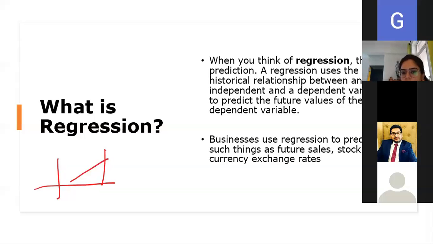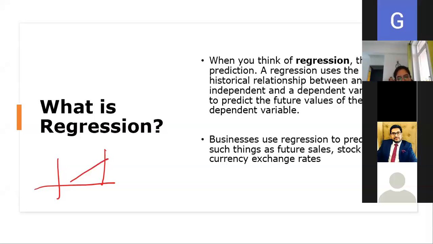So when you think of regression, think prediction. A regression uses a historical relationship between an independent and dependent variable to predict the future values of a dependent variable. From my past data, last year's data, is there any straight line that I can draw? Remember, this is a straight line. We are saying there is a straight line, a linear relationship exists.